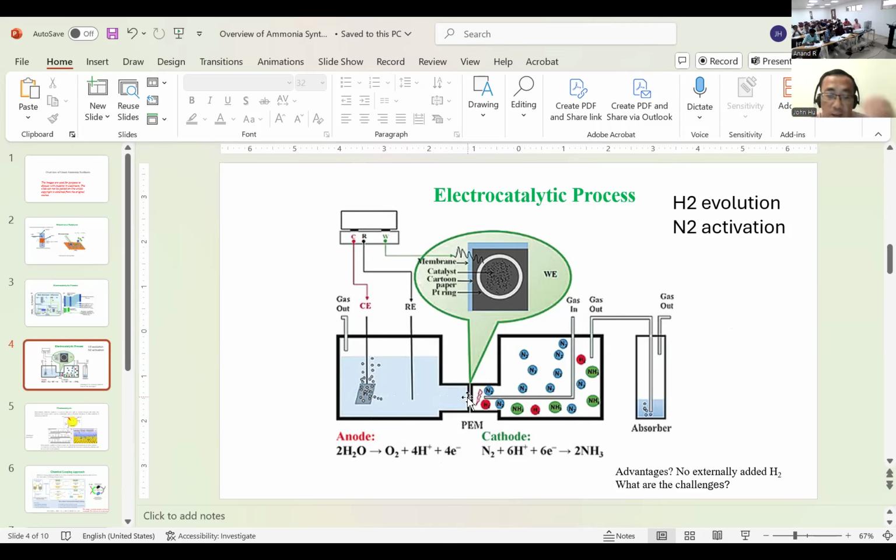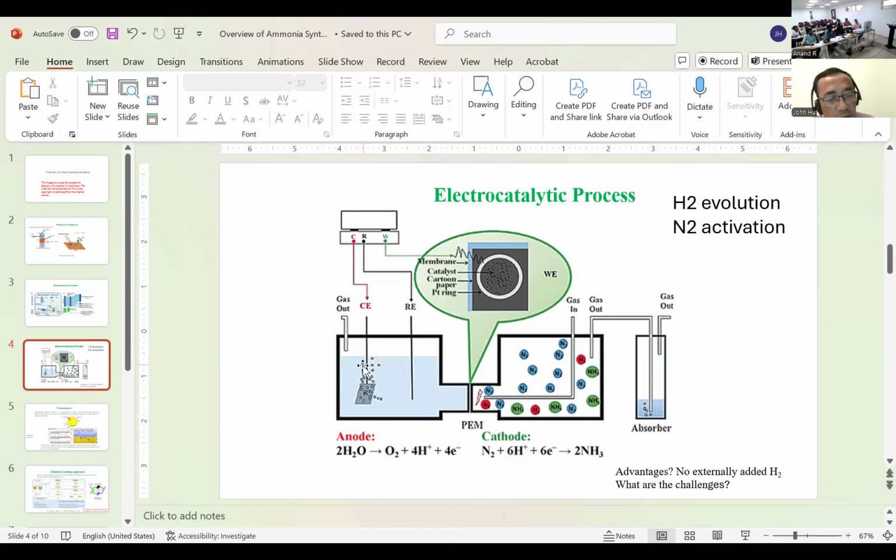This is a liquid or aqueous phase reaction. It goes through the membrane to the other side of the electrochemical reactor to meet with the nitrogen, and then reacts to form ammonia. Everything goes on in the aqueous phase within the cell. You heard our student say that, right? It's called hydrogen evolution. But this proton or the hydrogen doesn't listen to you.